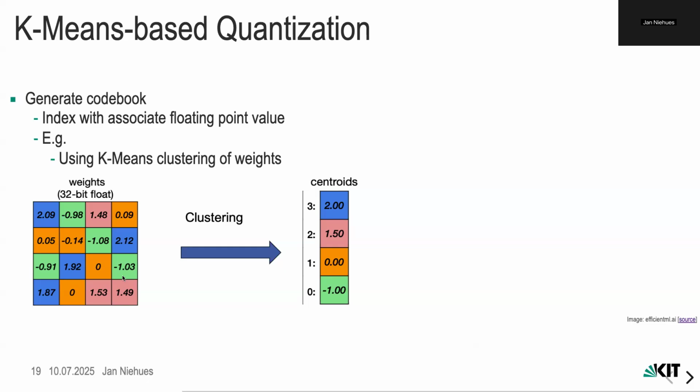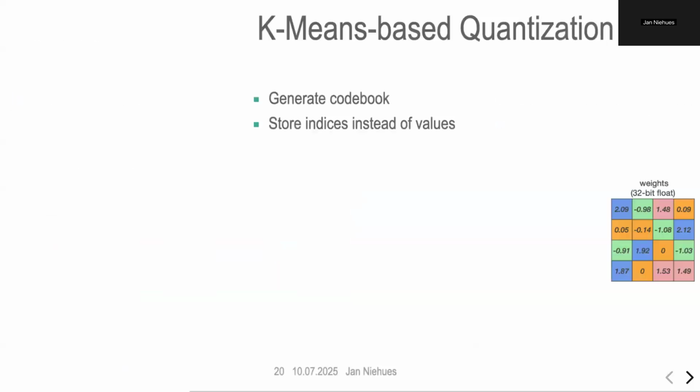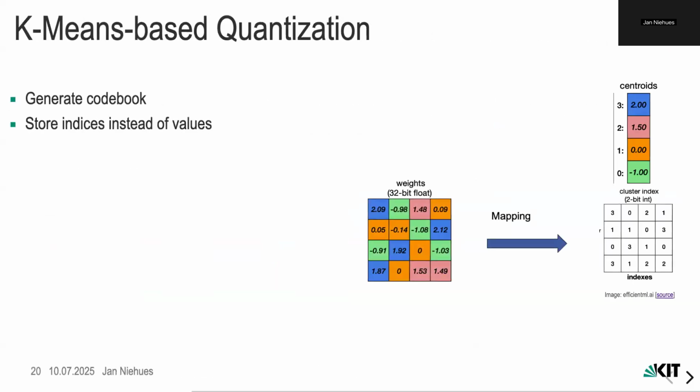So what you then, of course, have to save is the centroid for each of the classes that I have. So in this case, 4, that you store, which are the main things. When you now cluster, the clustering is quite straightforward: instead of storing the original weights, you mainly store the indices.